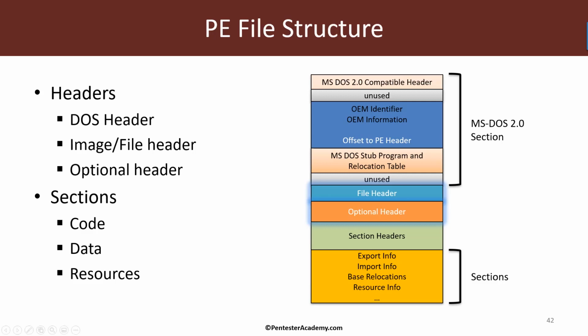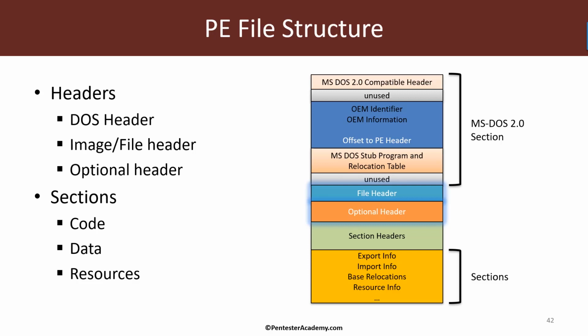So there's lots of information here in the file header and optional header, and then there are the actual sections. These sections contain the information itself. Some of the sections contain code, some contain data, some contain data which is used by the loader, such as a list of all the exports and the list of all the imports, whatever the image needs to bind to in order to work properly, and so on.